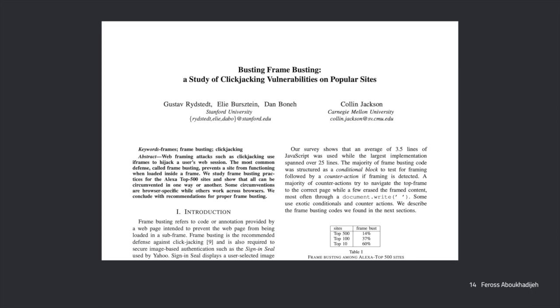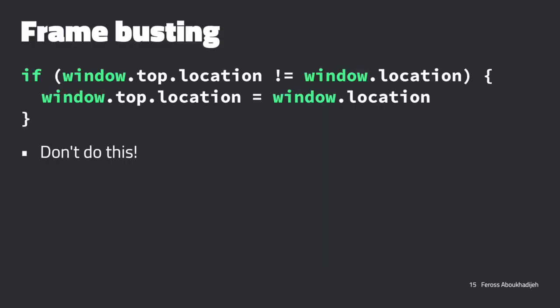The idea was it would work something like this. A site would say, there's this variable called top, and top is a reference to the top level frame. So if you have a frame in a frame in a frame, top tells you the top frame, the one whose URL the user is actually on in their browser.